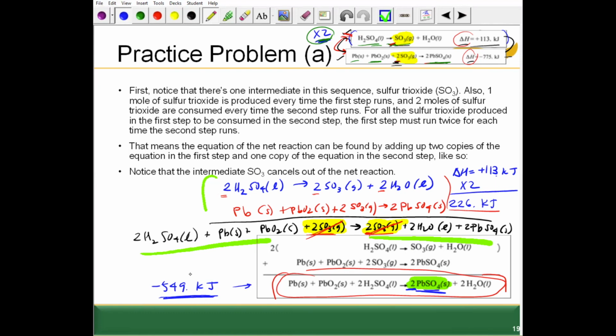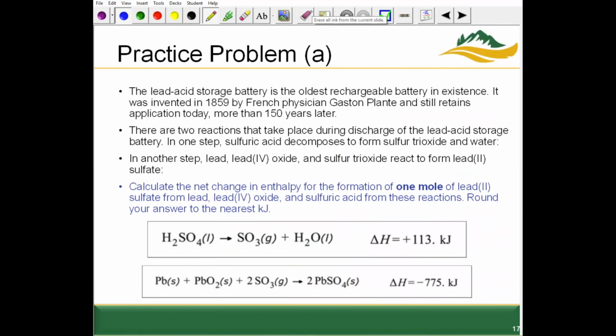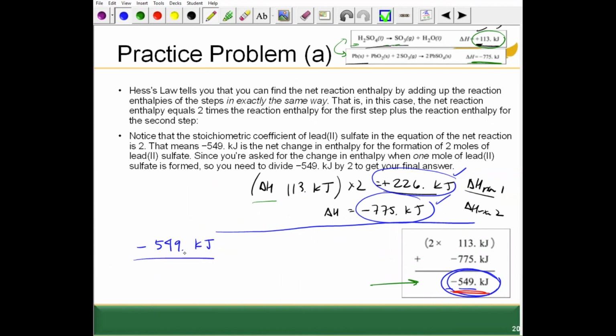We don't want to know this information for every 2 moles of lead(II) sulfate. We want to know the enthalpy of formation of 1 mole of lead(II) sulfate. So we can set this one up similar to what we did in part 3. This negative 549 kilojoules is for every 2 moles, but we want to know how many kilojoules for every 1 mole.